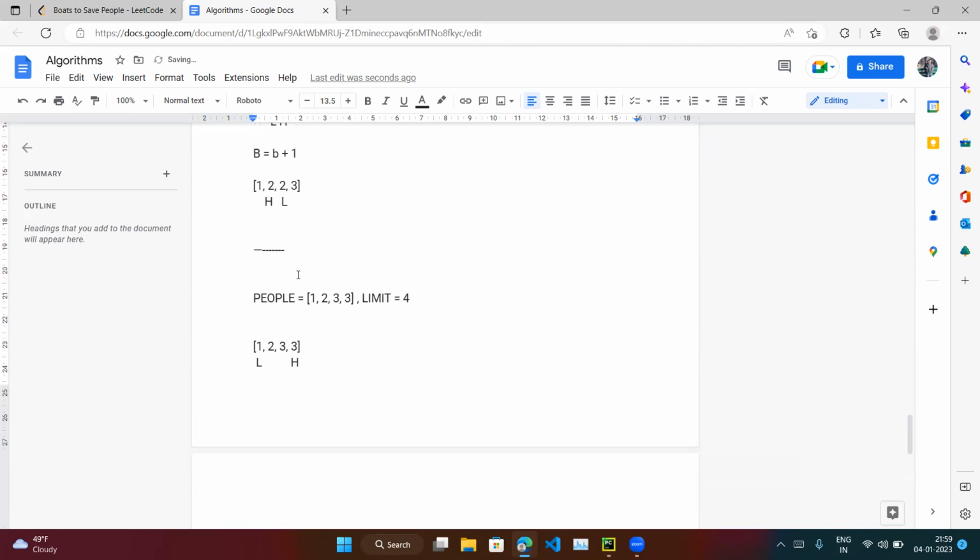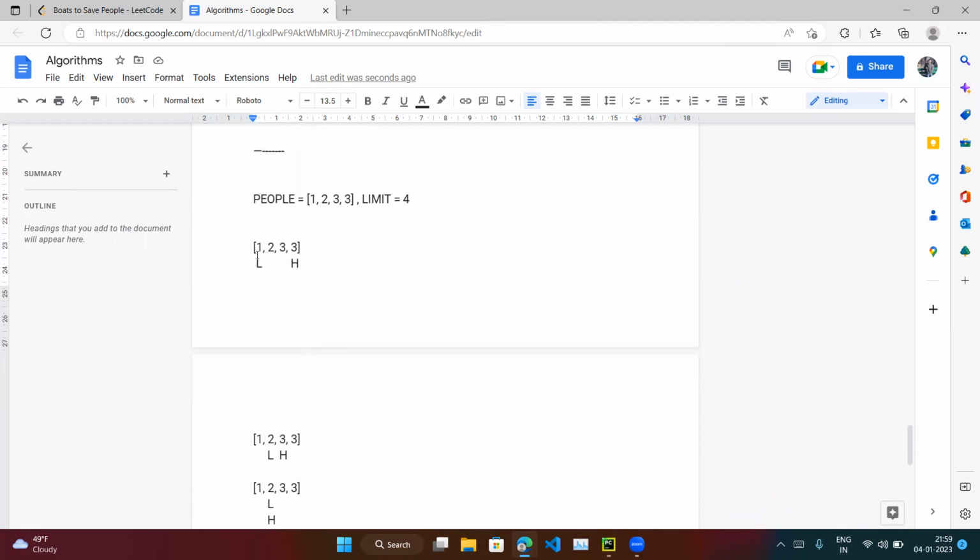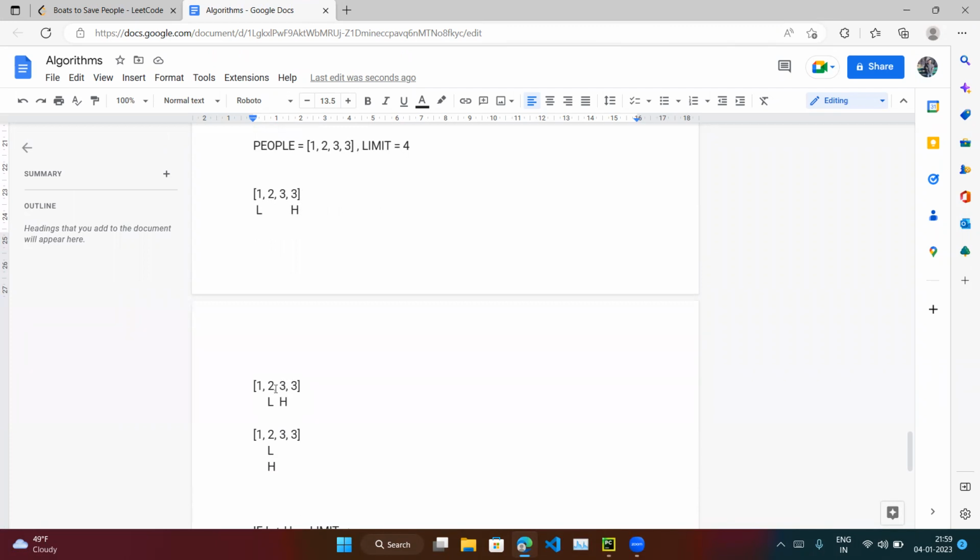Let's see one more example. Let's put 1, 2, 3, 3, with limit 4. The left pointer is here and the right pointer is here. We check the weight of the addition of the left pointer and the right pointer. 3 plus 1 is equal to 4, which is less than or equal to 4. So one boat is required, and we increase our left pointer and decrease our right pointer. Then 3 plus 2 is equal to 5, which exceeds the limit, right?